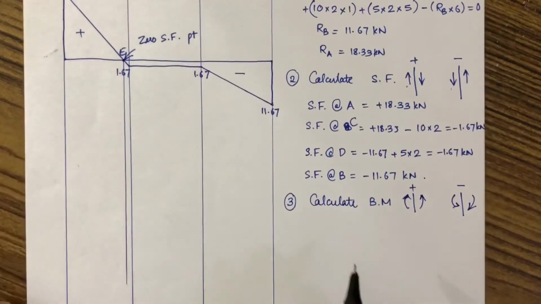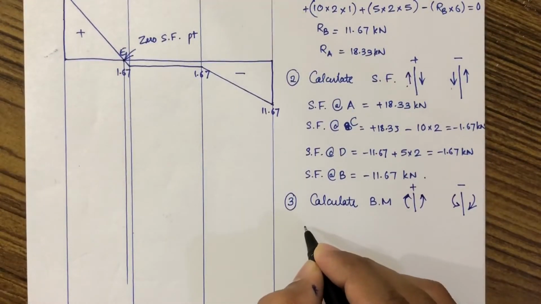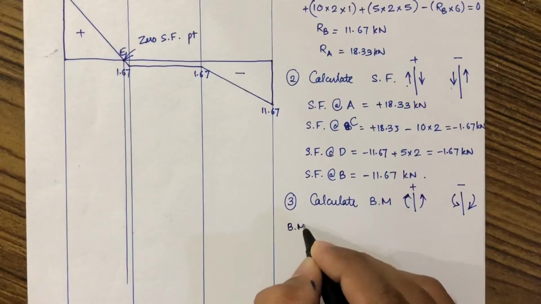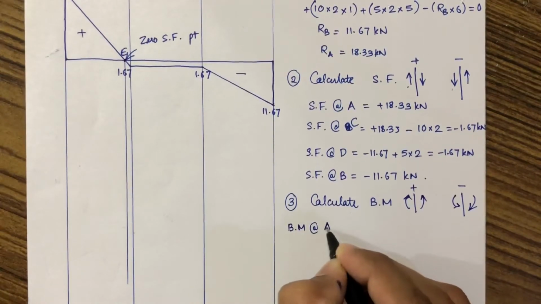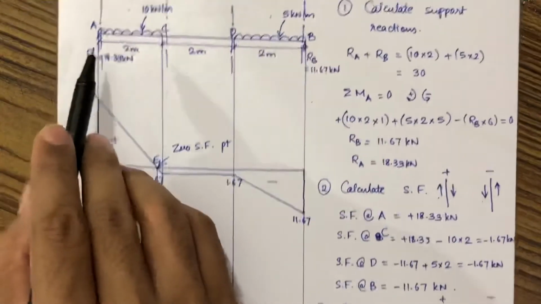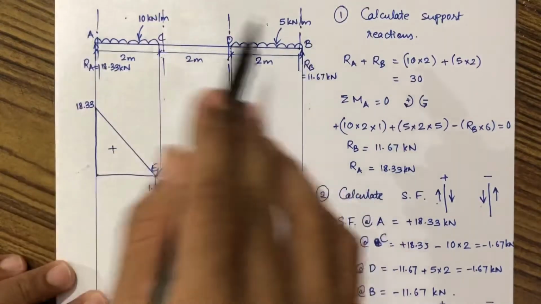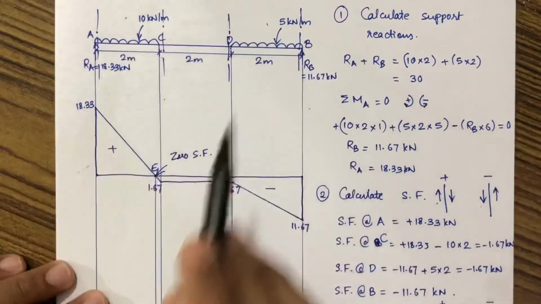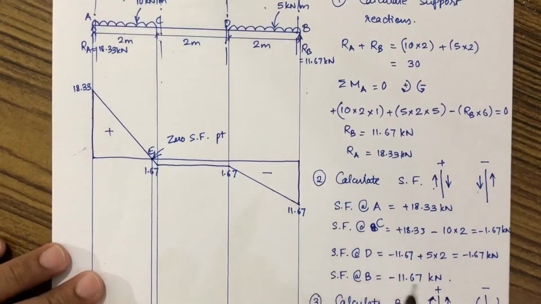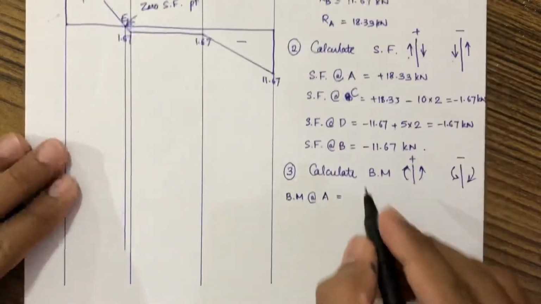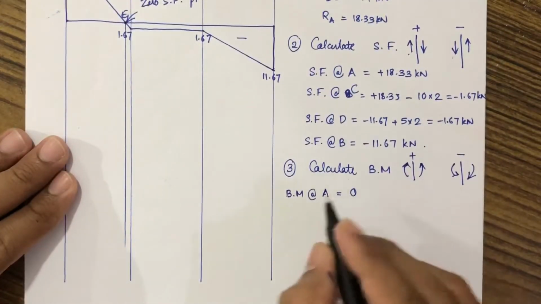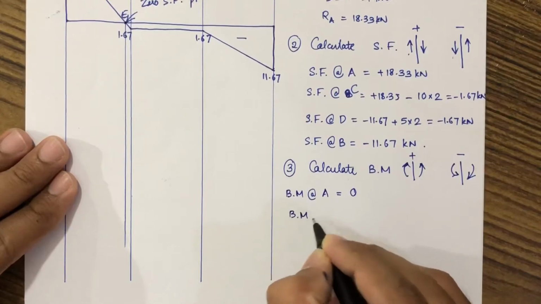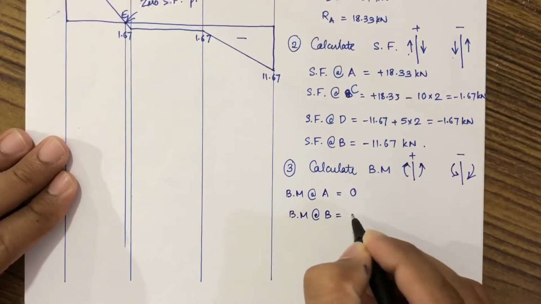Okay. So here first let us calculate bending moment at point A. Now as A and B, they are the end points of the beam, there the bending moment will be 0. So bending moment at A is 0 and bending moment at B is also equal to 0.